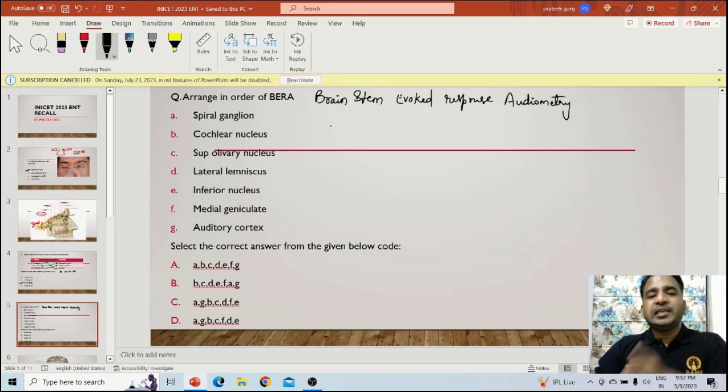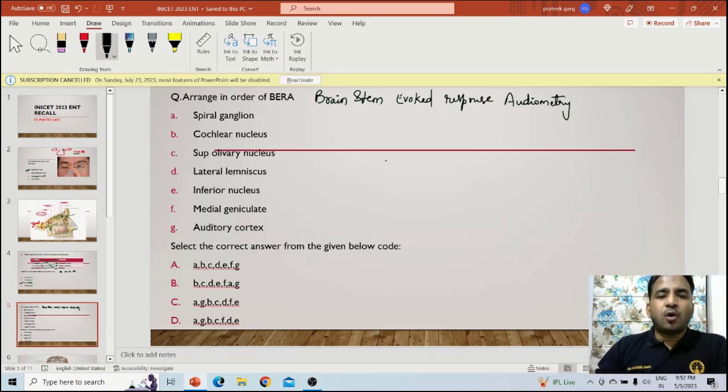Okay, so basically in BERA, we put electrodes over different parts of the brainstem, we give the auditory stimulus or electric stimulus or whatever it is, then we record that electric activity happening in the brainstem. So the examiner wants to ask, what is the correct sequence in order of BERA?